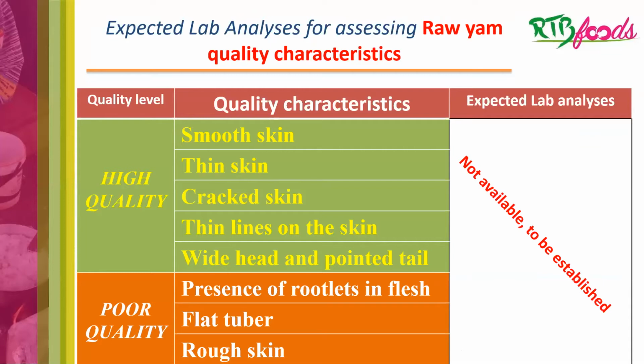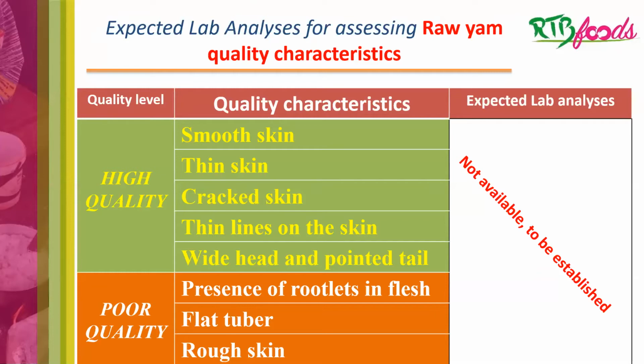Concerning the raw material quality, they are grouped in high quality and poor quality. Related to high quality, we have smooth skin, thin skin, khaki skin, thin line on the skin, wide head and pointed head.